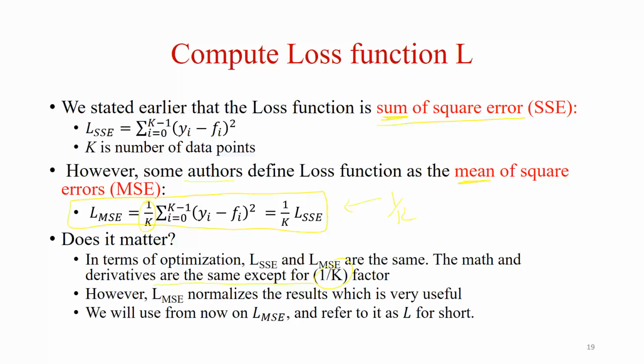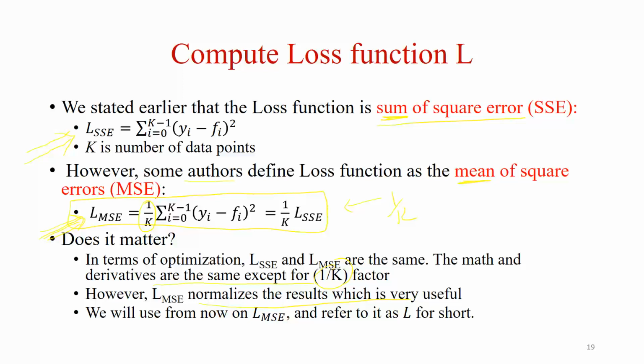However, the loss expressed as a mean square error normalizes the results, which is typically very useful. So from now on, we will shift our definition of the loss function from the sum of square errors to the mean of square errors.